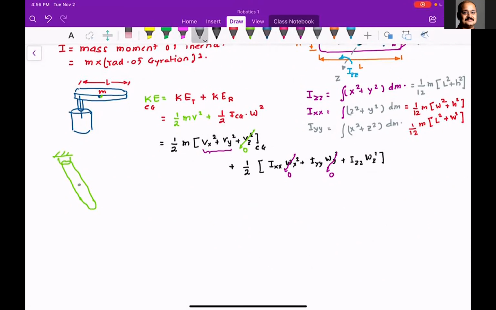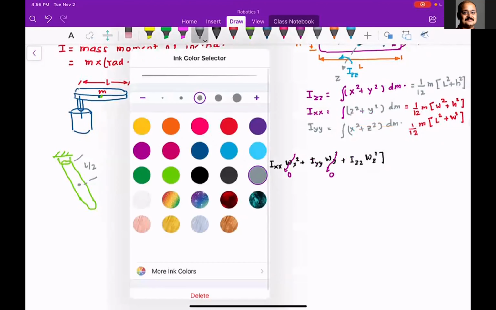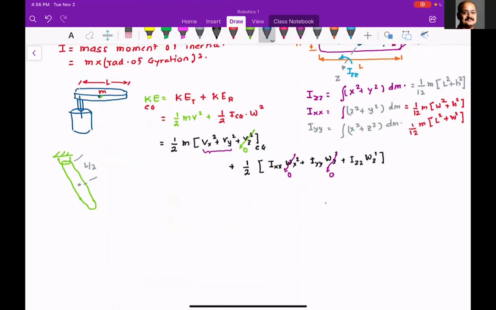This equation came from this distance being L by 2. You have displacement in x direction and displacement in y direction. So what you have is L, and if this angle is theta, this is L sine theta and L cosine theta.